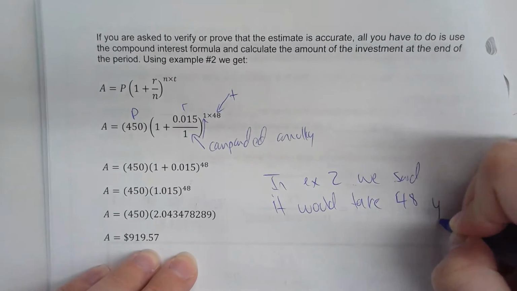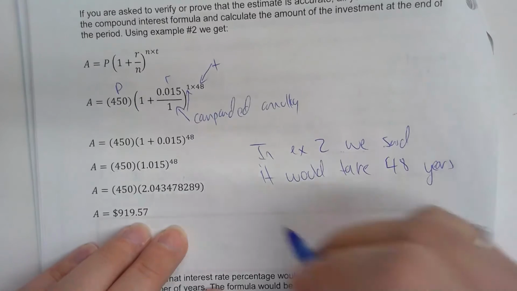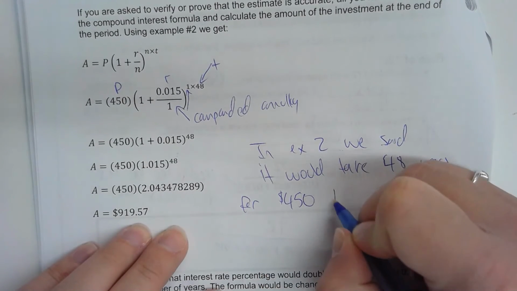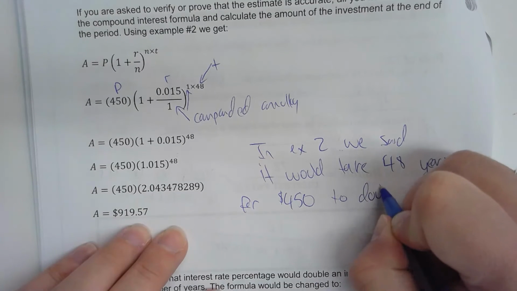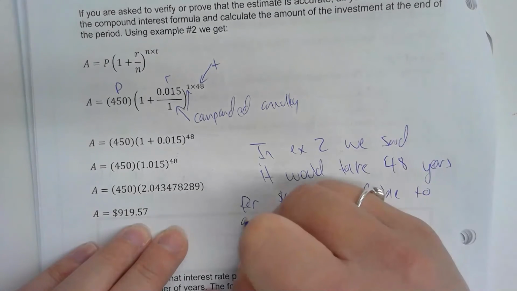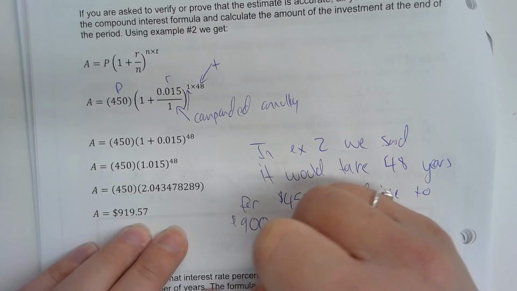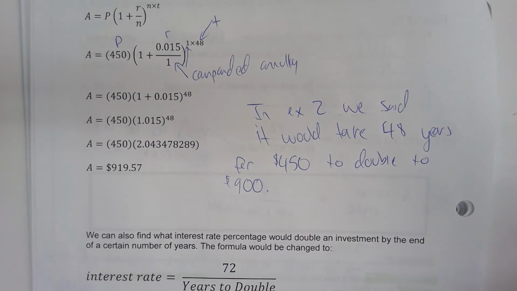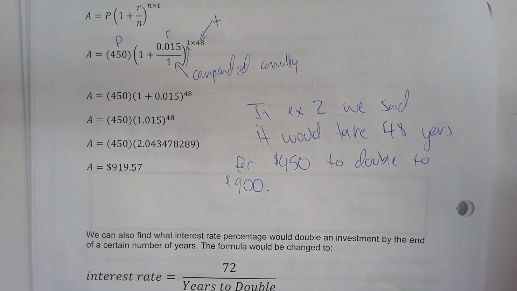So in example 2, we said it would take 48 years for $450 to double to $900. That's what we came up with using the Rule of 72. We said it would take 48 years, $450 becomes $900.